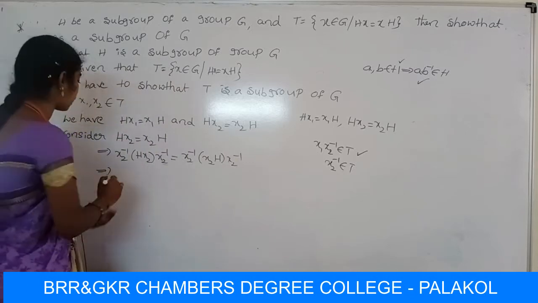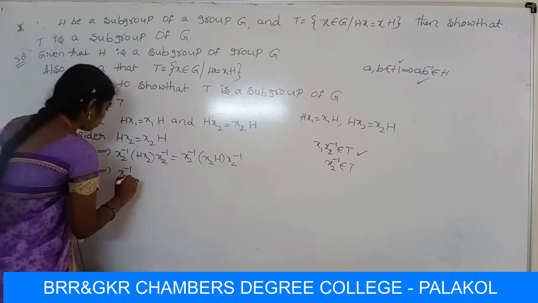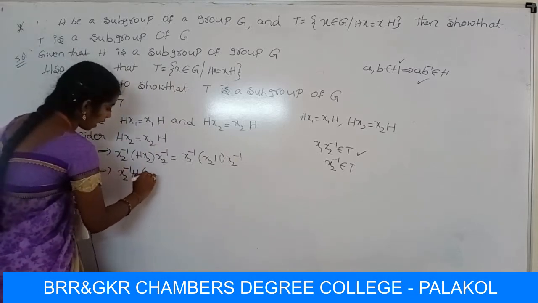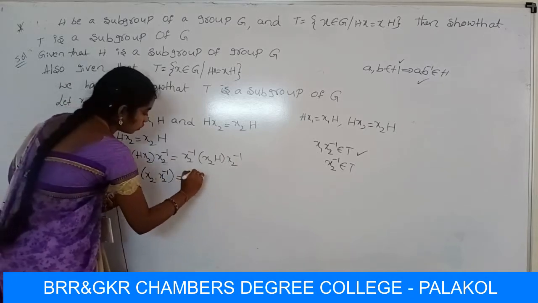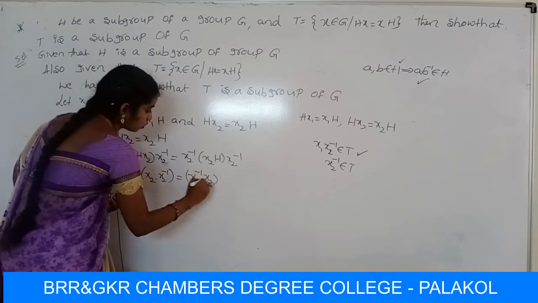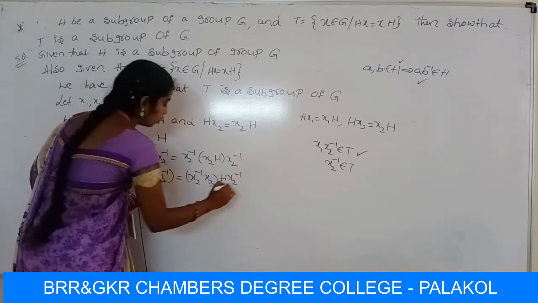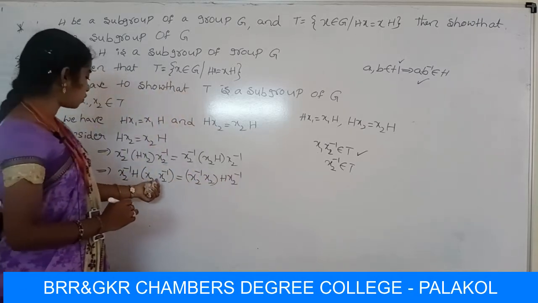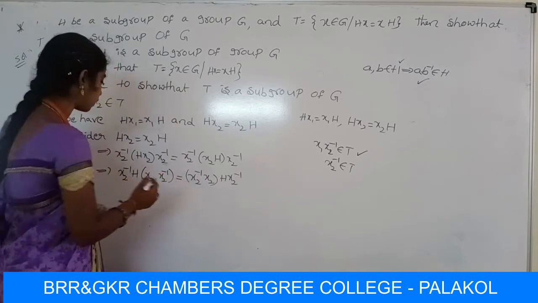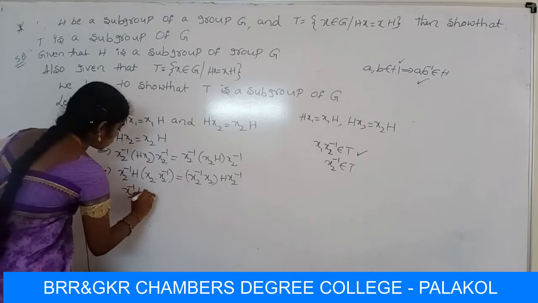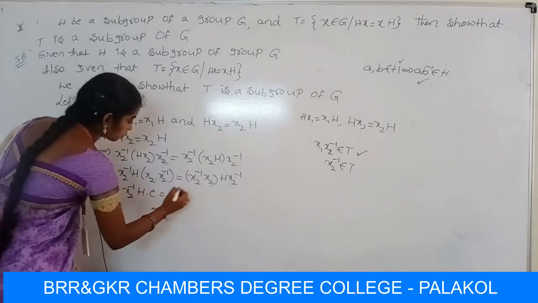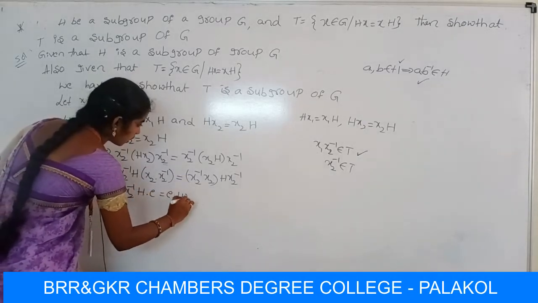So changing the brackets, x2 inverse h into x2 inverse, so x2 inverse into x2 into h x2 inverse. So already you know that x2 into x2 inverse means e. So it can be written as x2 inverse h into e equal to e into h x2 inverse.